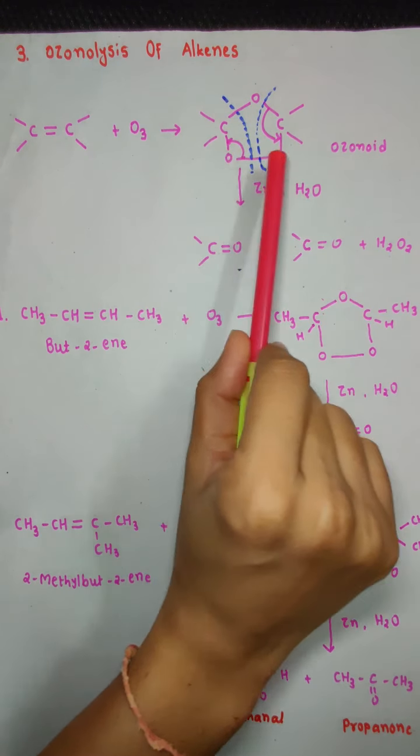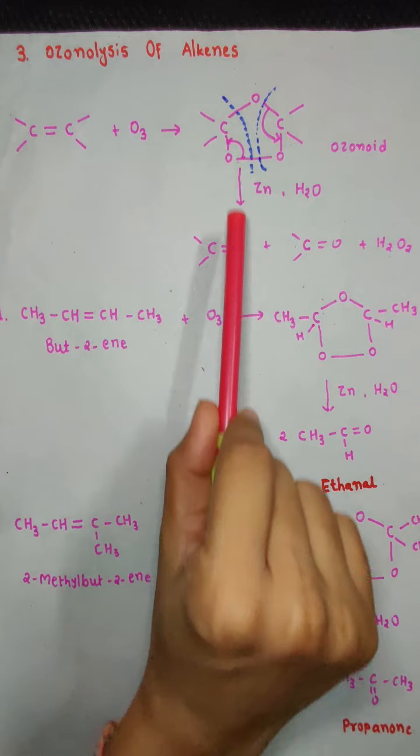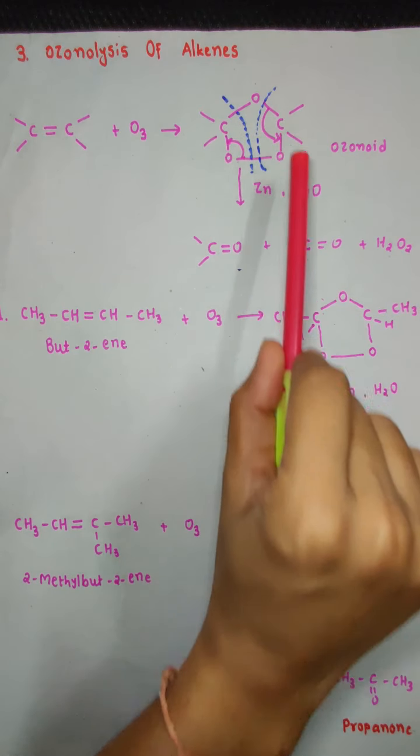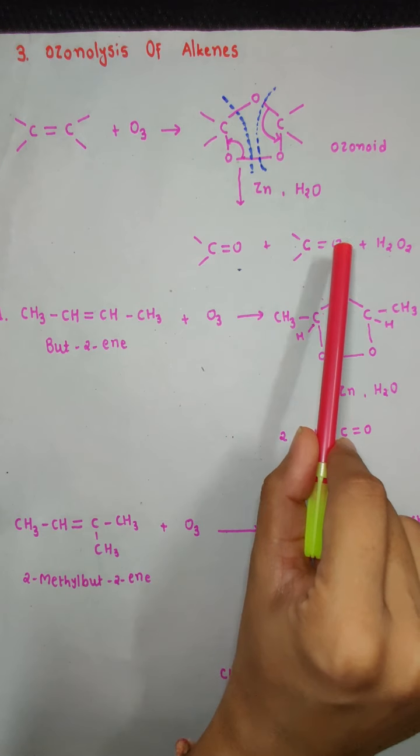So we are left with one single oxygen atom which leaves with water in the form of H2O2. And this bond will shift between carbon and oxygen, giving you carbon double bond oxygen over here, and this upper bond shifts between this carbon and oxygen, giving you carbon and oxygen bond here.